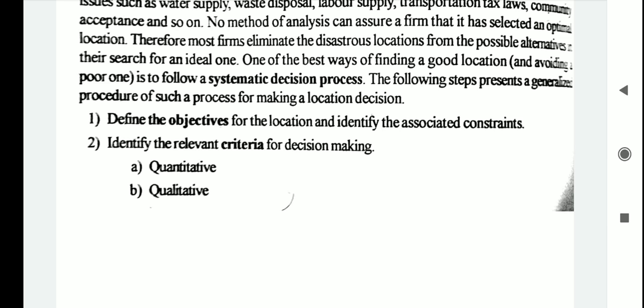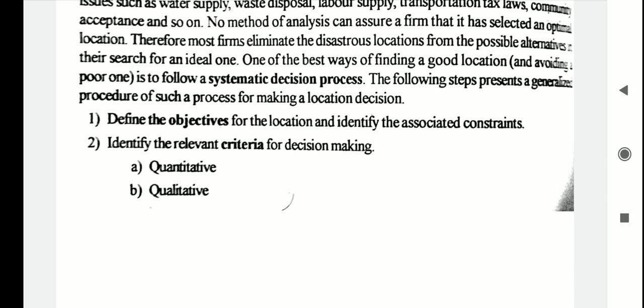In general the firm seeks a profitable location for itself and a suitable environment for the employees. High cost of land and equipment, nearness to markets, availability of resources, etc., all impose constraints on the location decision. So this is about the location objective.